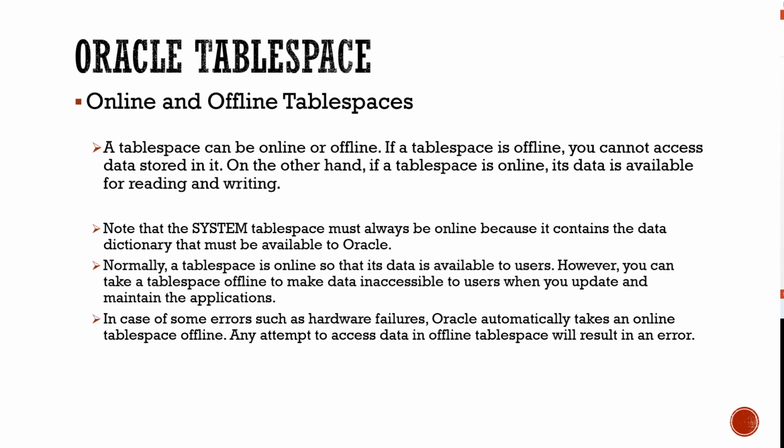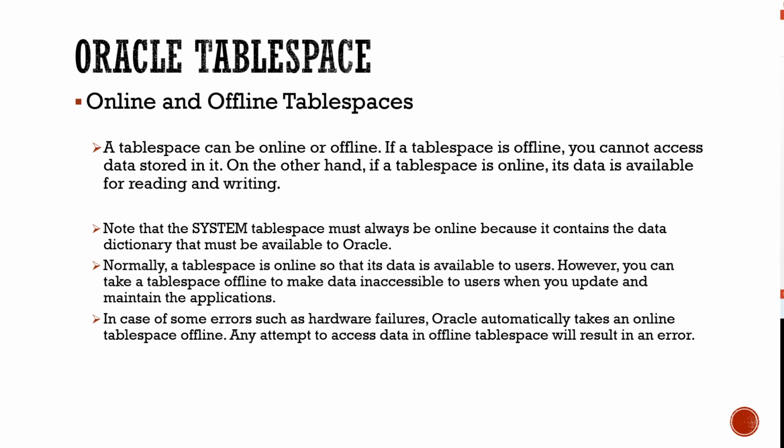Online and offline tablespaces. A tablespace can be online or offline. If a tablespace is offline, you cannot access data stored in it. On the other hand, if a tablespace is online, its data is available for reading and writing.